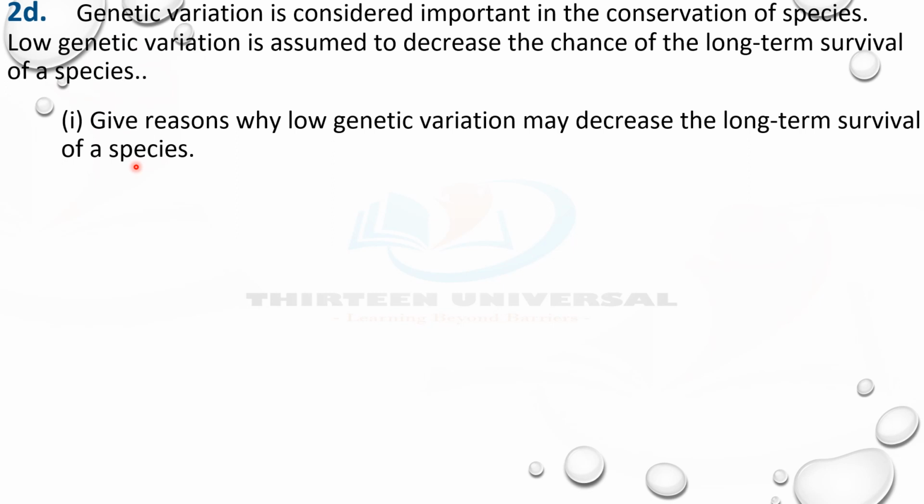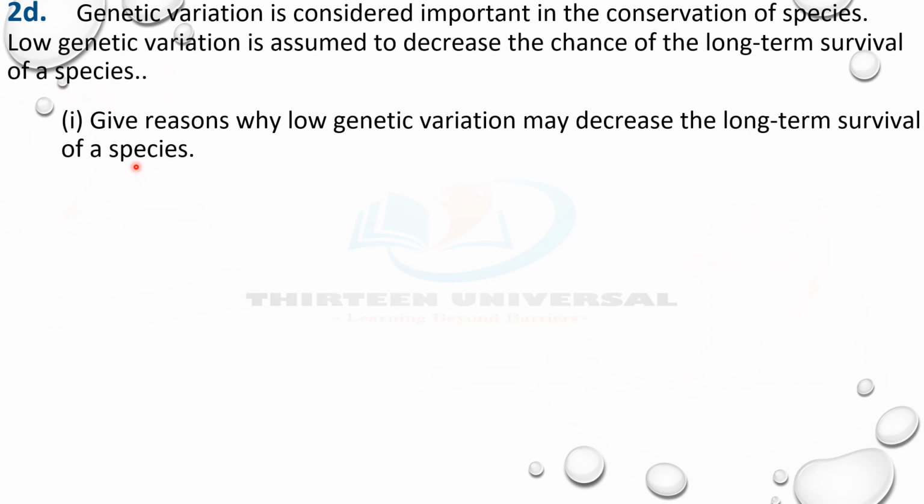So when there's a change in an environmental factor, it will affect most of the organisms, because they have little variation. What affects one may affect the others. So a change in selection pressure affects almost all the organisms, and so we have fewer organisms able to adapt, survive or evolve.